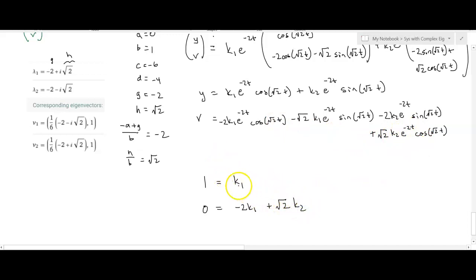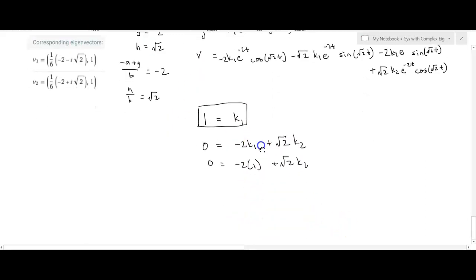So now we can solve for k2. We already know what k1 is. k1 is 1. And so here we can do a quick substitution, probably faster than going to Wolfram Alpha. And now we can solve this for k2, which is relatively quick. All we need to do is just add 2 to both sides and divide by the square root of 2. So we get k2 equals 2 over root 2.